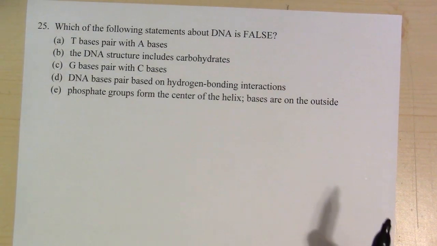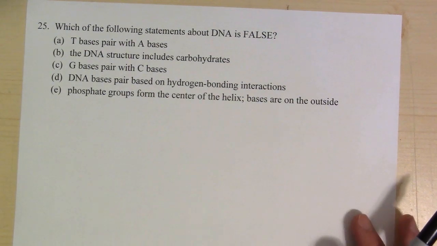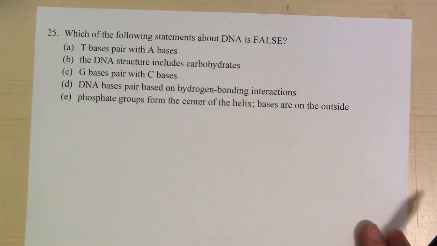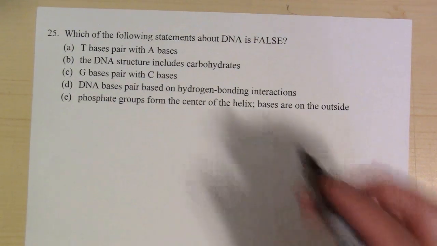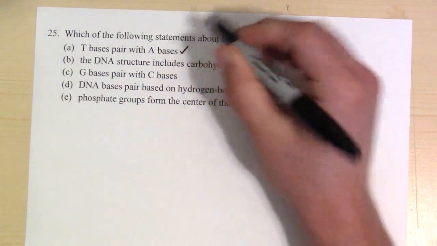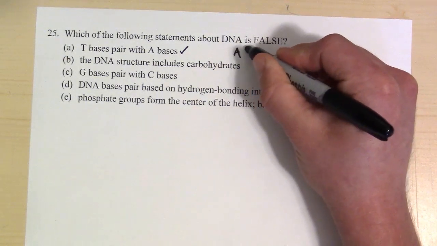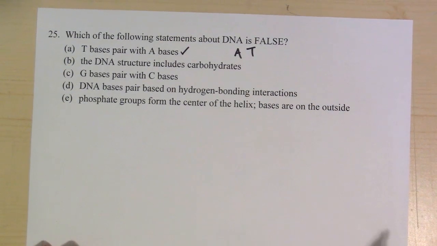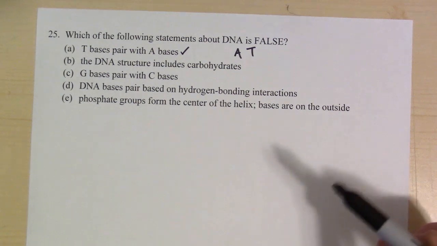Number 25. Which of the following statements about DNA is false? T pairs with A bases. That is true. A and T do pair together. The DNA structure includes carbohydrates.